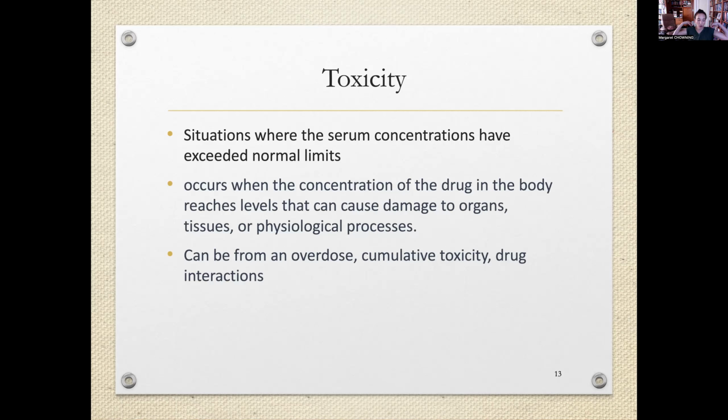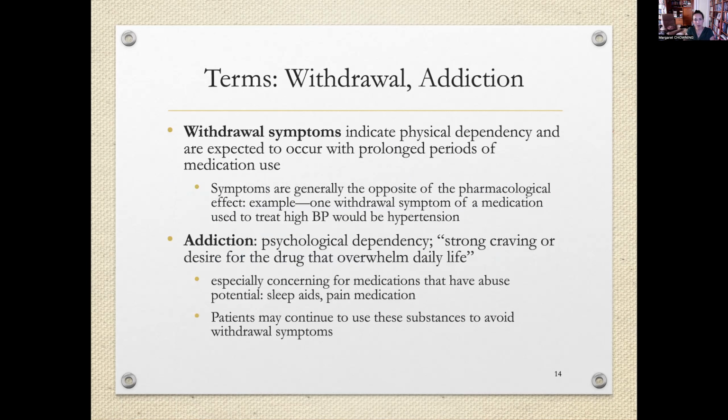If a drug has a slow half-life and you're slowly increasing a cumulative amount of drug in your body, that could be cumulative toxicity. Or it could be from drug interactions. Two drugs you're not supposed to take together, they have a similar toxicity level, or whatever they're doing to the body is similar, and you accidentally take them together. That could also lead to an overdose.